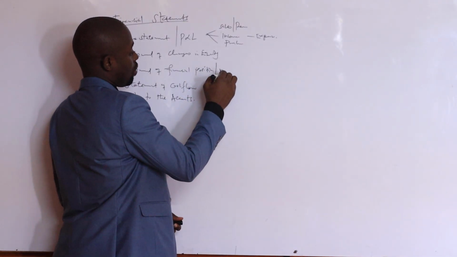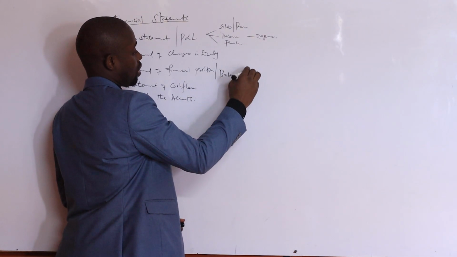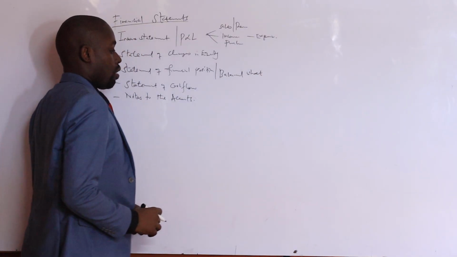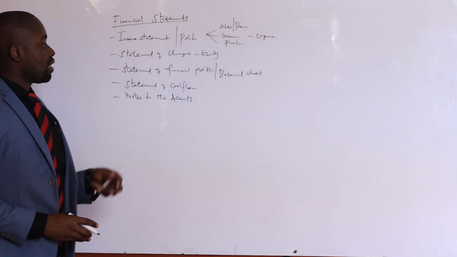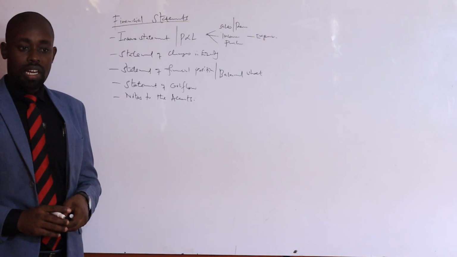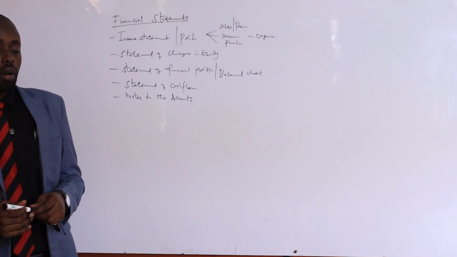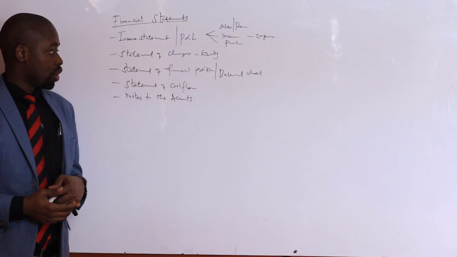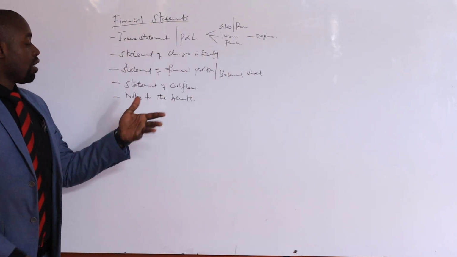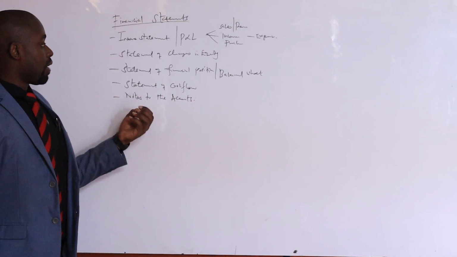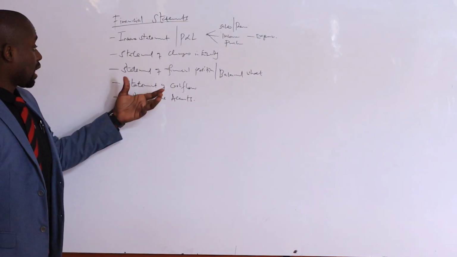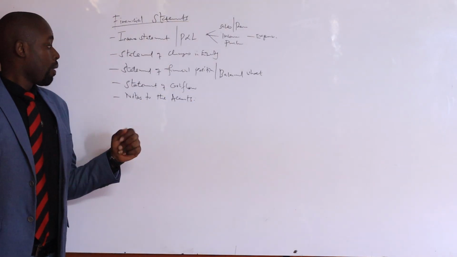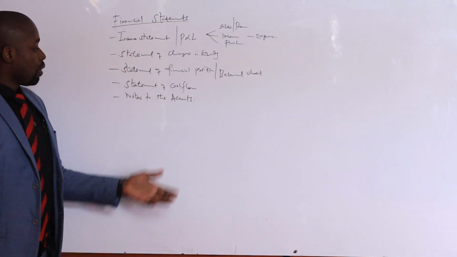The balance sheet is a statement that contains three components: assets, capital, and liabilities. This statement is used to report the financial position of a firm at a given point in time.